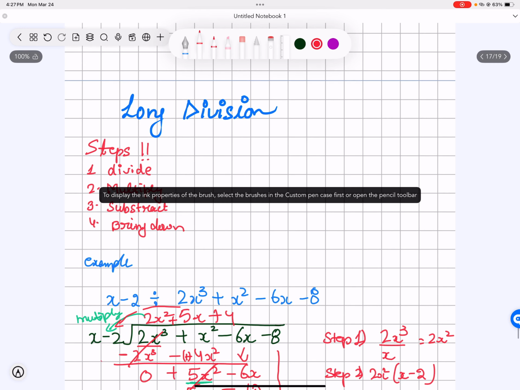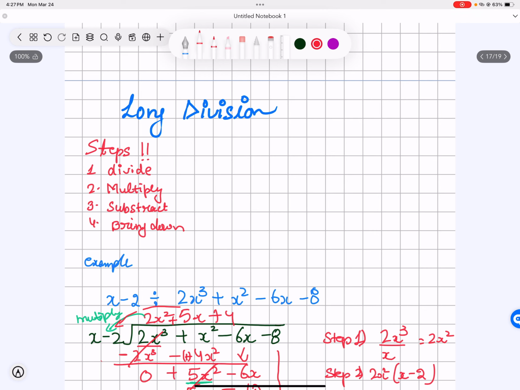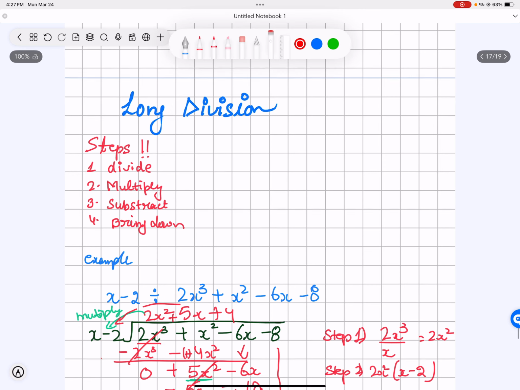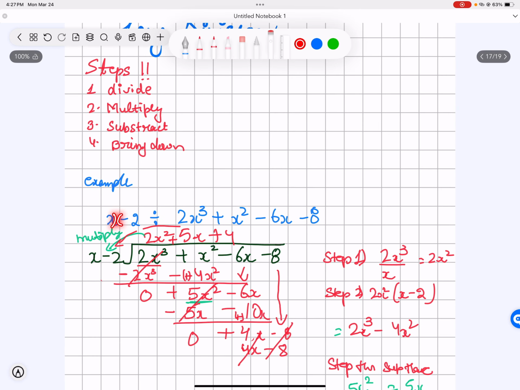How do we divide polynomials? We follow 4 steps. First we divide, and then we multiply, and then we subtract. So I have 2x cubed plus x squared minus 6x plus 8 divided by x minus 2.